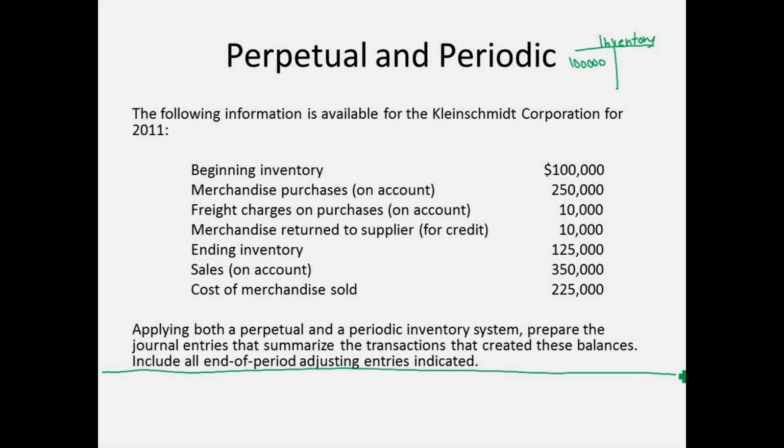So what happens when I buy inventory? What do I record? Debit inventory, $250. Accounts payable, $250.